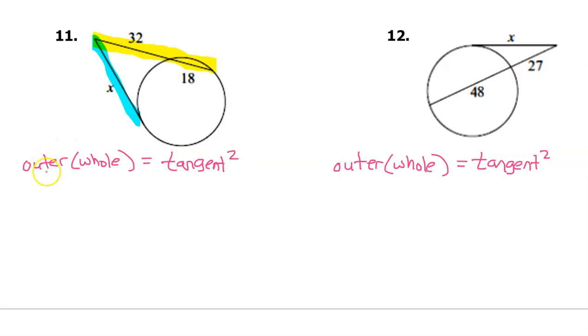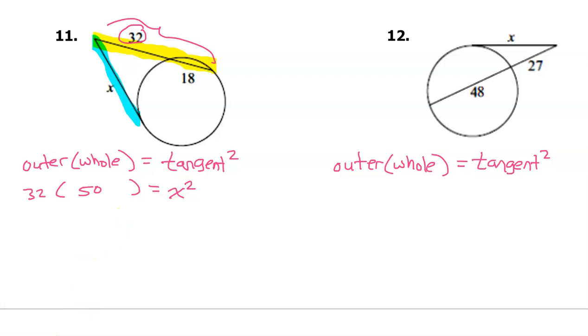So outer times whole, well, this is the outer right here, so the outer is 32. And then the whole is going to be 50. I'm just doing 32 plus 18, which is 50. Now, that should equal tangent squared. The tangent is x, so I'm just going to have x squared.